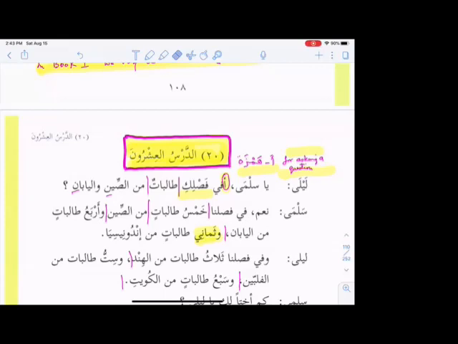Naam fi faslina khamsu talibatin minasini wa arba'u talibatin min al-Yabani. Wa thamani talibatin min Indonesia. Khamsu is 5, arba'u is 4.